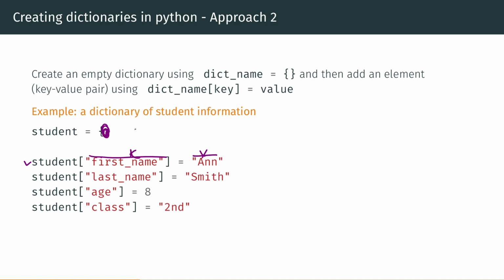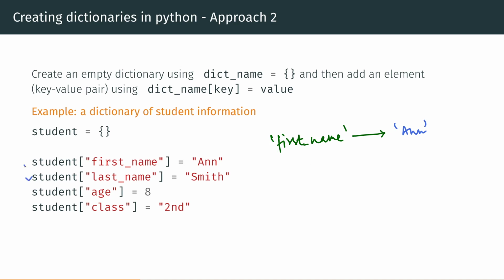It has a key first_name, and the key has a value of Anne. So the dictionary contains a single element.